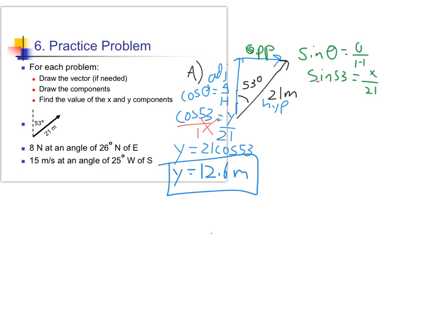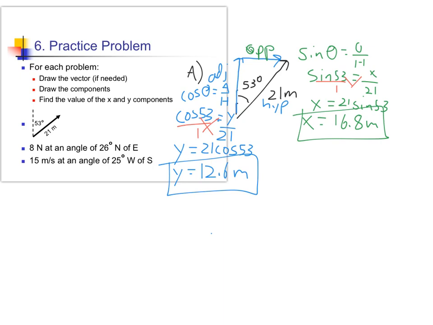We cross multiply once again, and we find here that x is going to be equal to 21 sine of 53. And we calculate that, and we get that x here is equal to 16.8 meters.